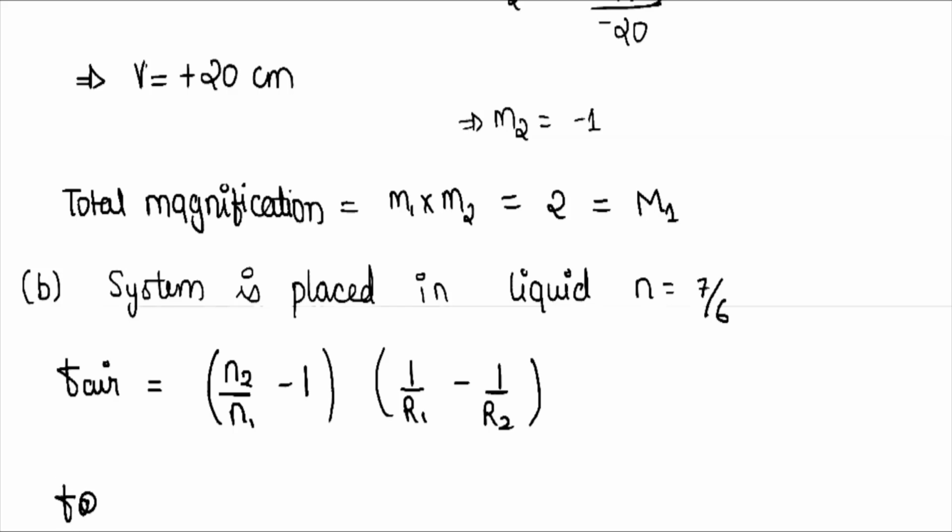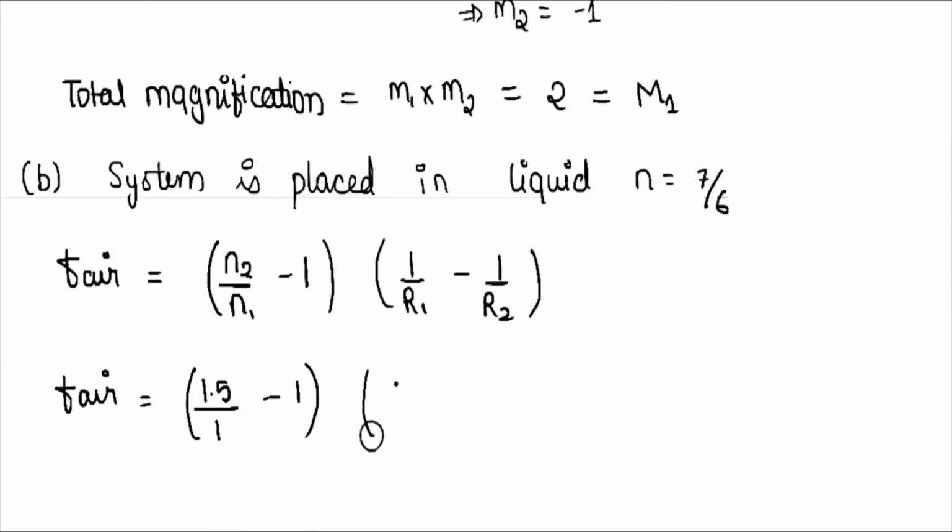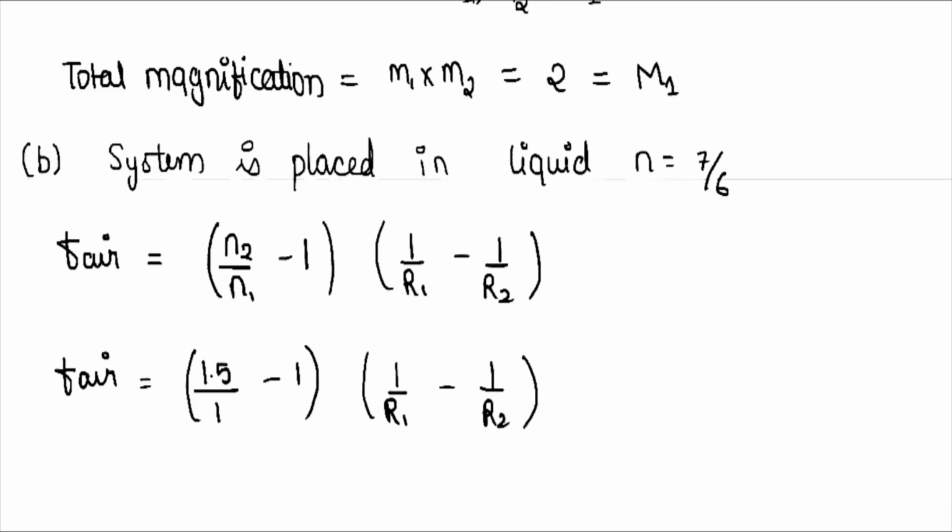So f air will be: n2 is the refractive index of glass, which is 1.5, and n1 is the refractive index of the medium, which is 1. So it will be 1.5 minus 1, and our r1 and r2 will remain as they are. Why we are taking them into account, I will tell you, but you will know already.